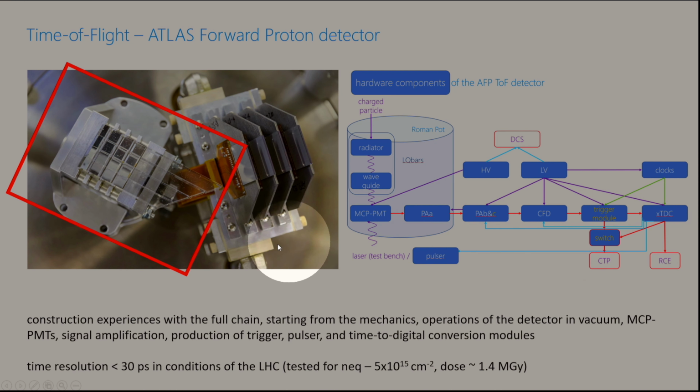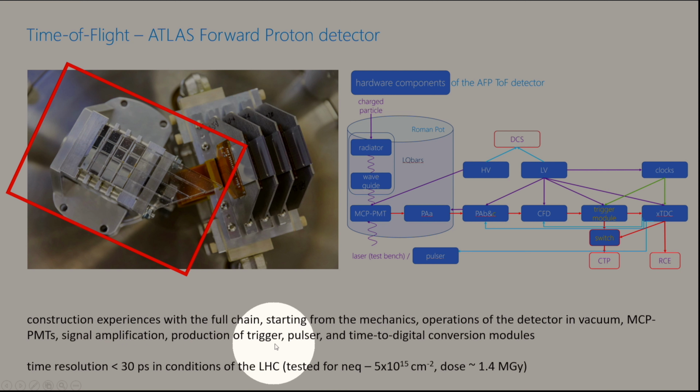We as a group, and I will come to what that means, have full experience with this detector, starting from mechanics and operation of the detectors in vacuum. We have worked several years on the MCP-PMT, trying to improve its properties so as to achieve stable gain even at 20 or 40 megahertz frequency, because this is the frequency at the LHC.